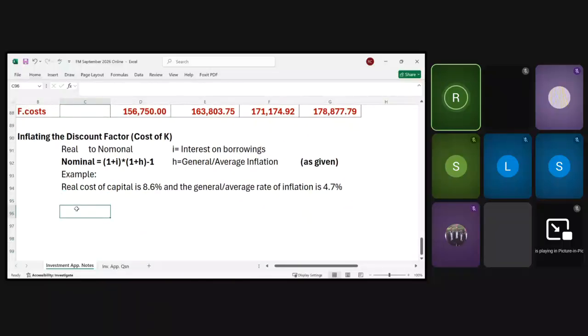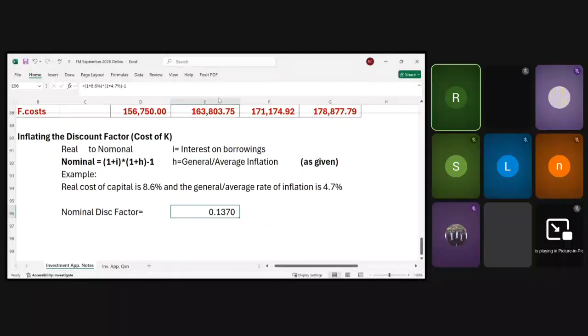To calculate it: open bracket, 1 plus 8.6%, close, multiplied by open another bracket, 1 plus 4.7%, close, minus 1. So I am going to discount my cash flows using this percentage, which is 13.7%.